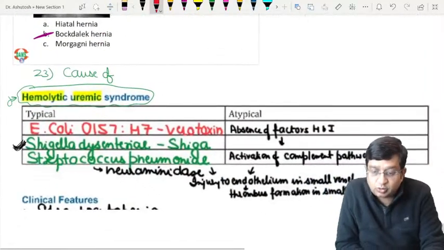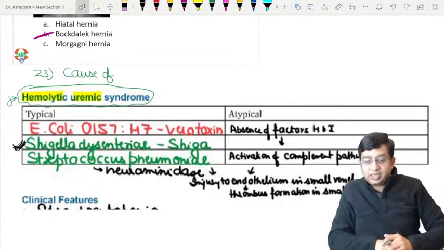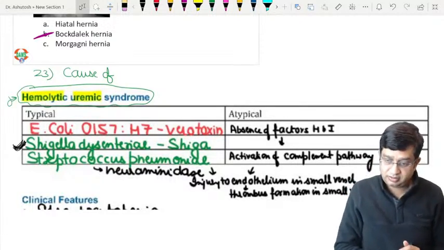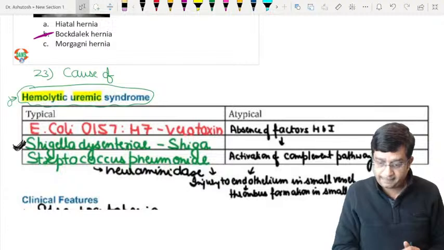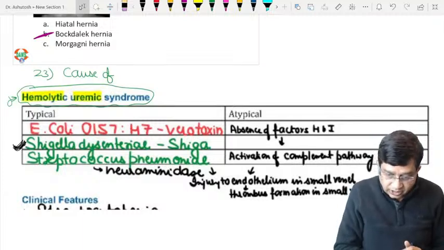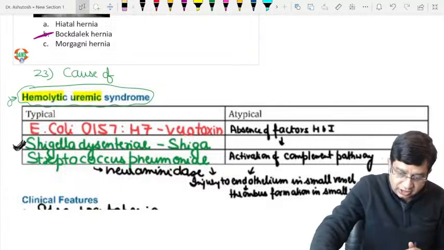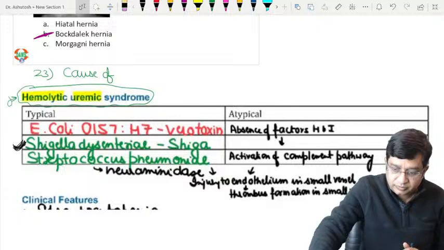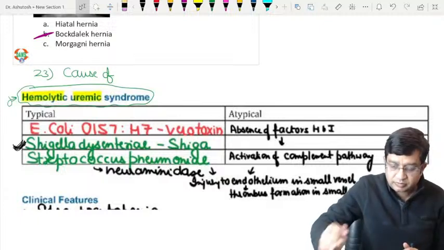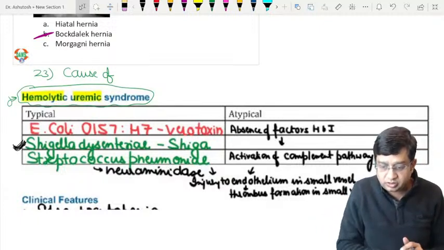Nobody has told me, was this the question regarding HUS? Was there this question? They asked this question directly, indirectly it is. Stafford says yes.